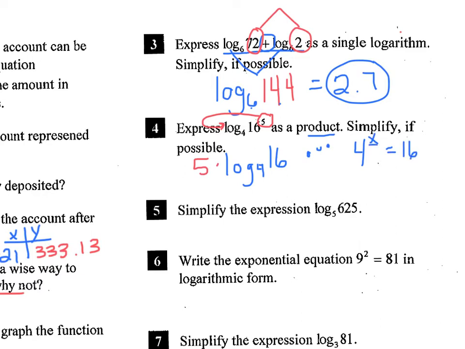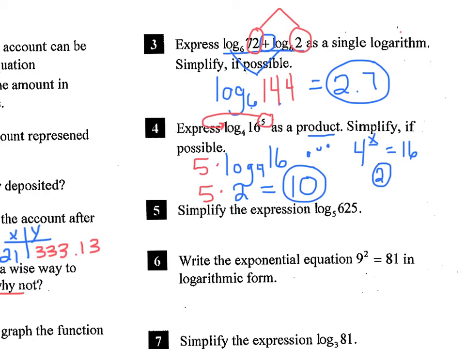Well, maybe you can look at that and figure out the answer. You could start trying 4 caret 1, 4 caret 2. It turns out 2. 2 is the answer. 4 squared equals 16. So we have 5, because that comes from the exponent, times 2, and our final answer is 10.